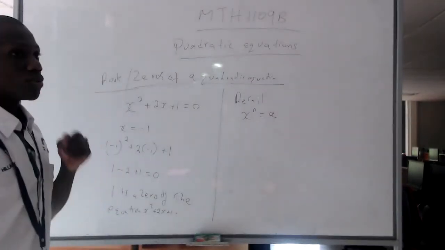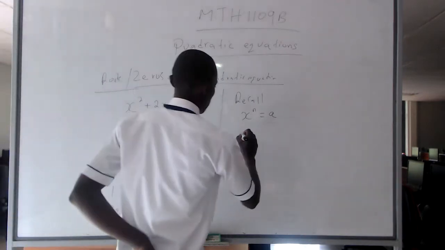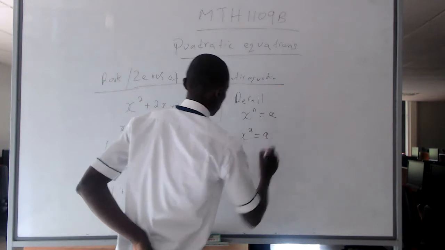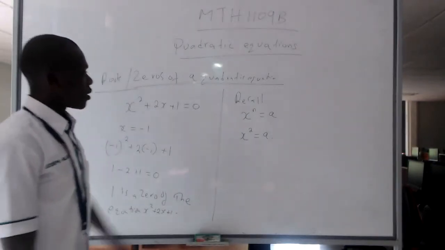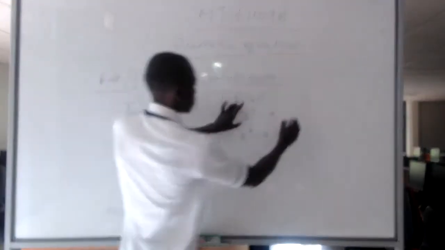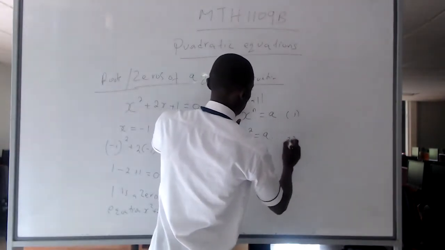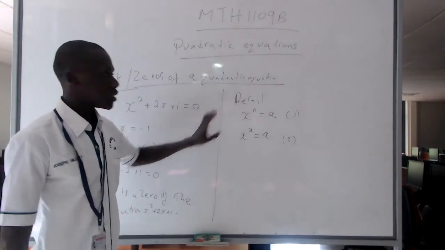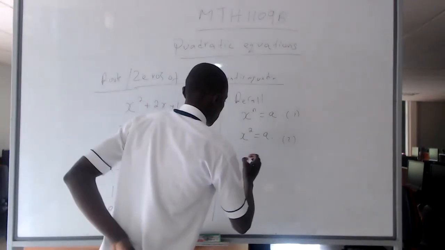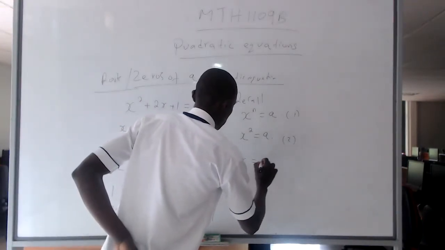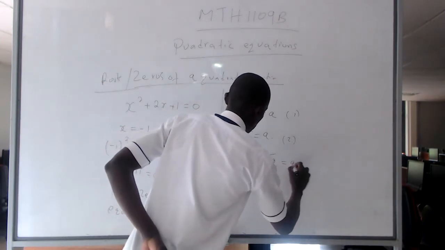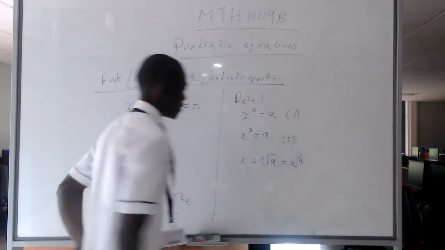In particular, taking n to be 2, x to the 2 is equal to a. To solve the first equation, simply find the nth roots on both sides. So the solution to the first equation is that x will be the nth root of a, which is simply a raised to the 1 over n.